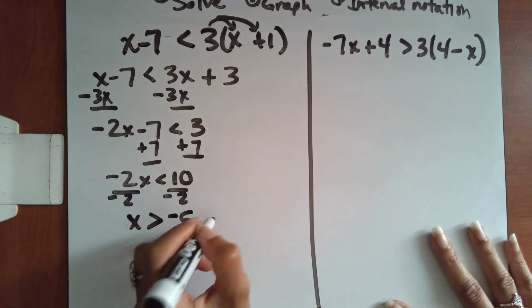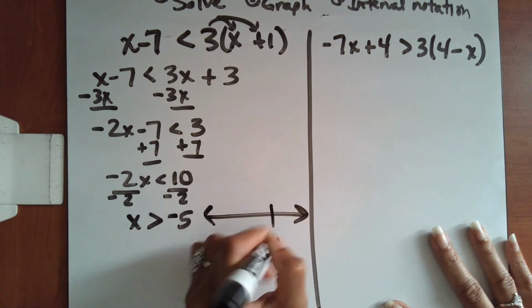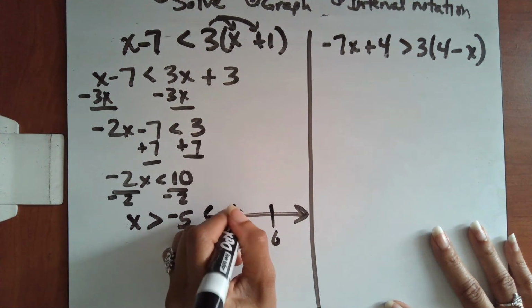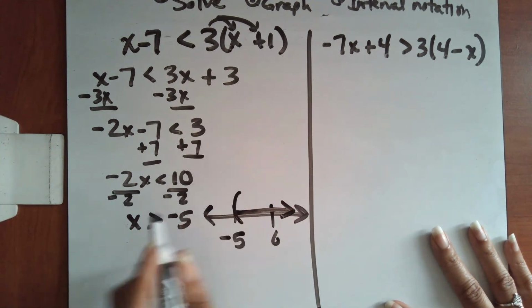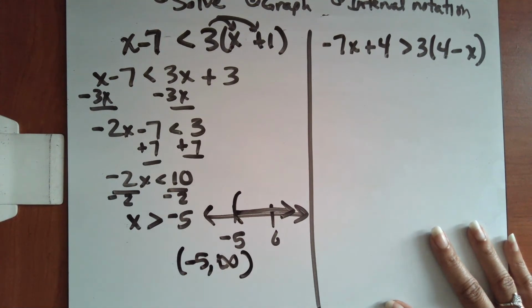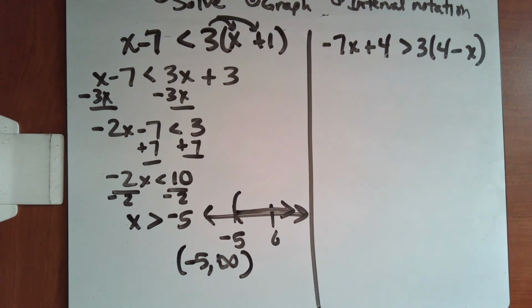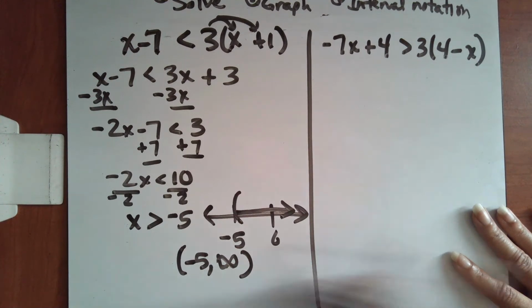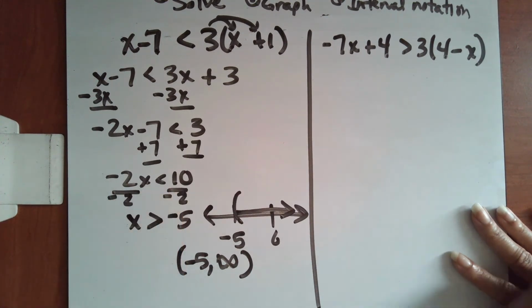So in my graph, it's a parenthesis greater than, so I know it's shaded to the right. So my interval notation would be from negative 5 to infinity. And I'm finished. Because the solution must be something that is greater than negative 5, because dividing by the negative flips the inequality symbol.